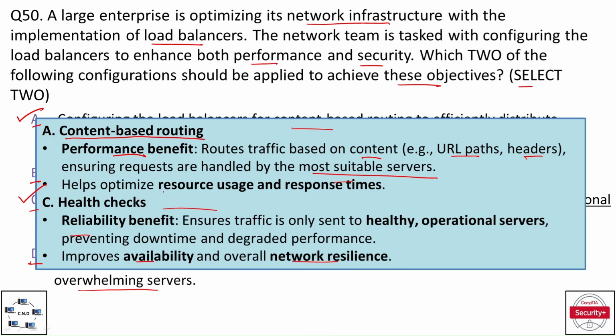This helps optimize resource usage and response times. Health checks, reliability benefit, ensures traffic is only sent to healthy operational servers, preventing downtime and degraded performance. It improves availability and overall network resilience.